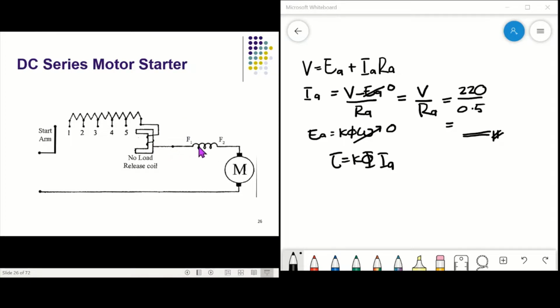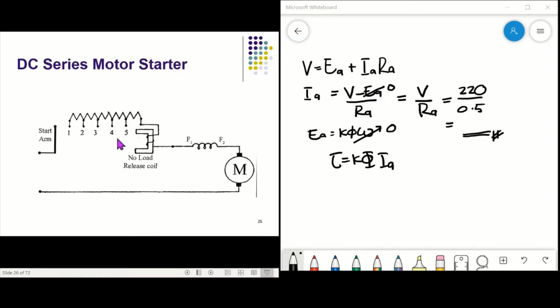This is the DC series motor, and we have this rheostat, or starter, to control the starting current. The start arm is simply moved towards the right to start the motor. We have a start arm here, and we can move it to 0.1, 0.2, 0.3 until 0.5.